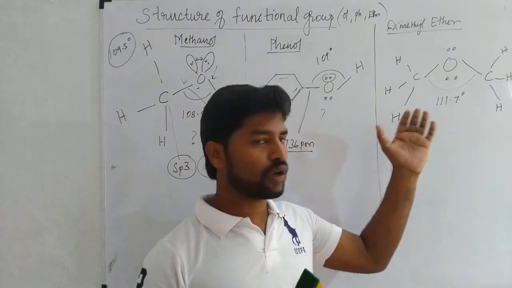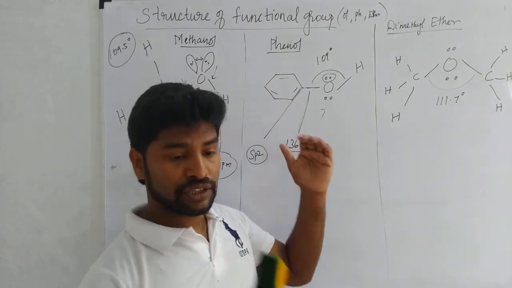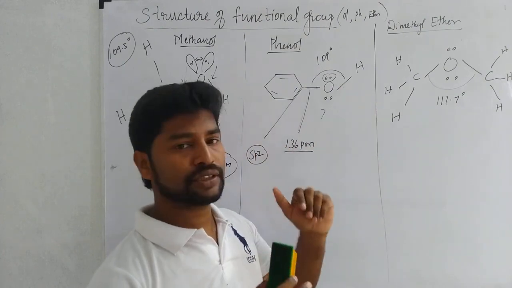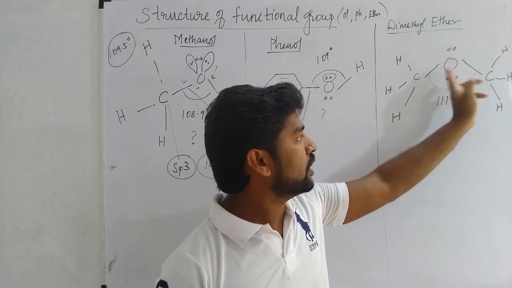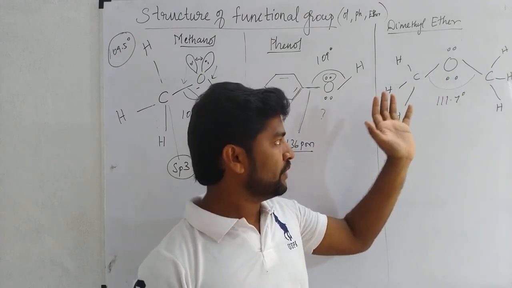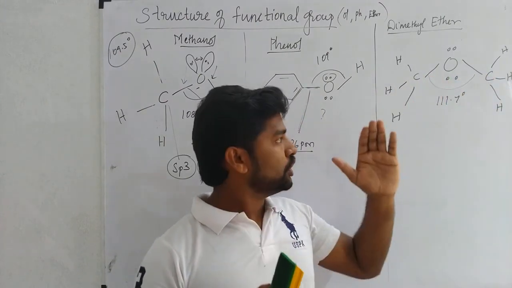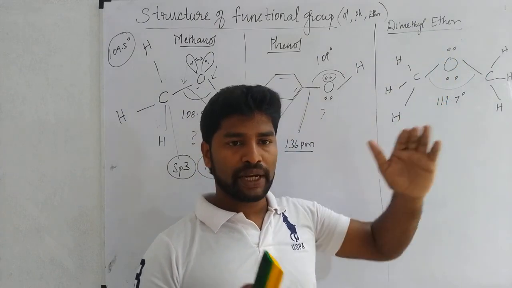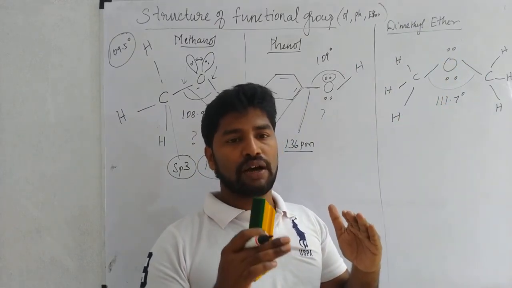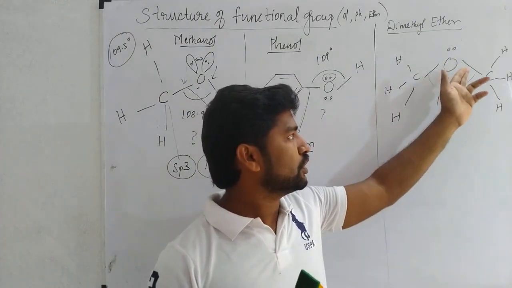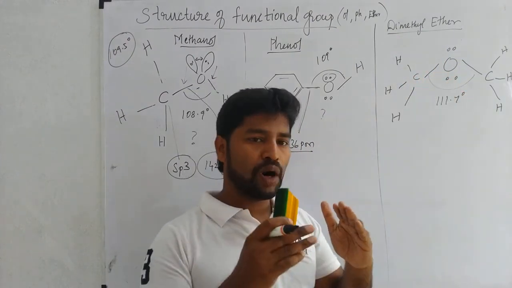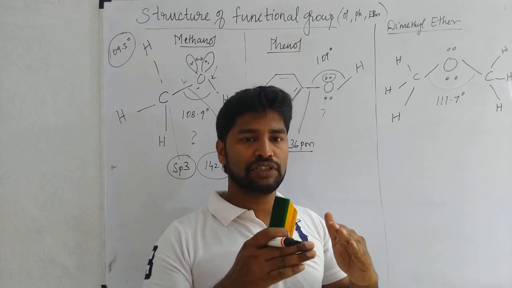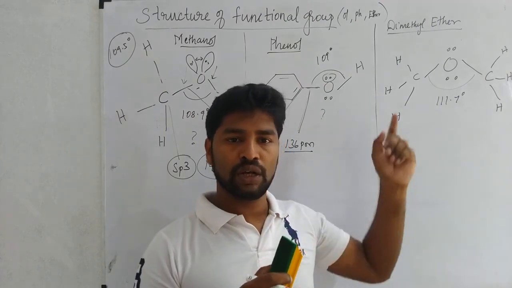In the previous cases the bond angle normally decreased, but in this case it increased because two bulky groups are attached on both sides. When the bulky groups are attached, the bond pair repulsion is more as compared to the lone pair repulsion.